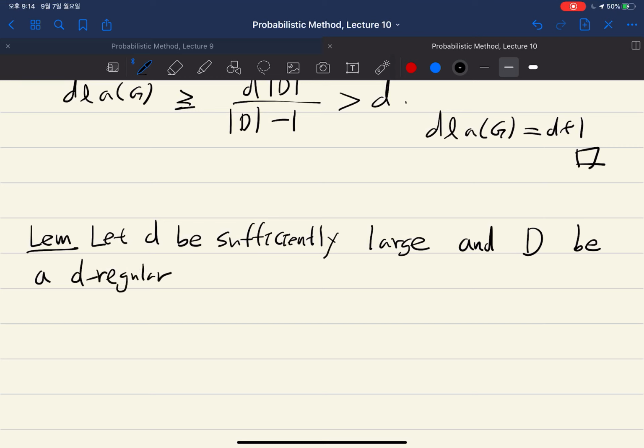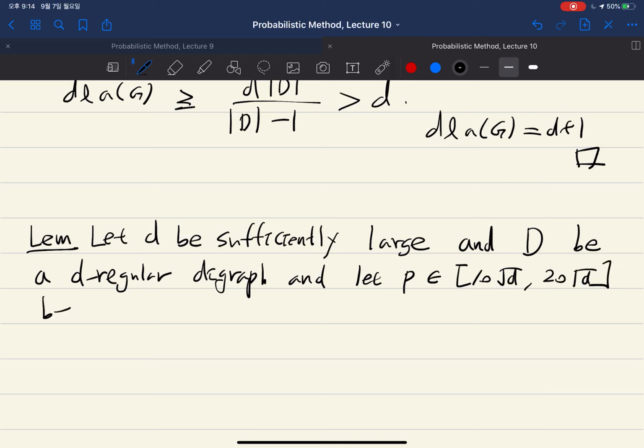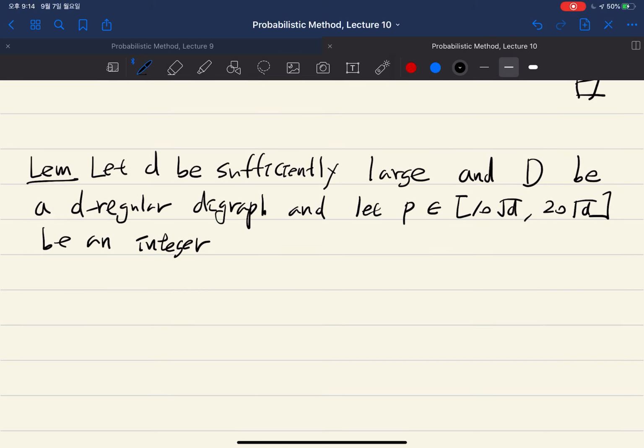Let D be sufficiently large and let capital D be a d-regular digraph. And let P be a prime number between 10 square root of D and 20 square root of D. It doesn't have to be prime in this lemma, so let's say it's just an integer between those two.